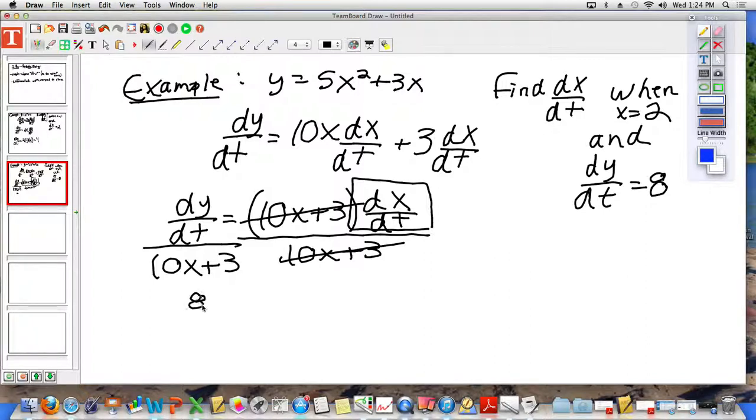So I have 8 divided by 10 times the x value. Well, my x value is 2, so I have 10 times 2 is 20 plus 3 is 23. So I have 8 over 23 is equal to dx dt. So it's changing at a rate of 8/23, whatever.